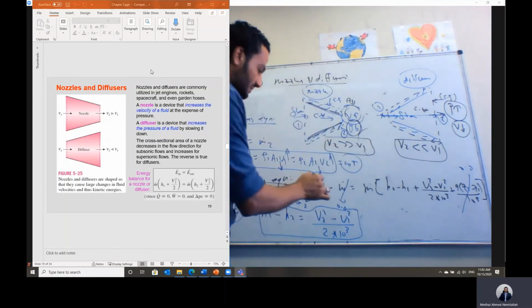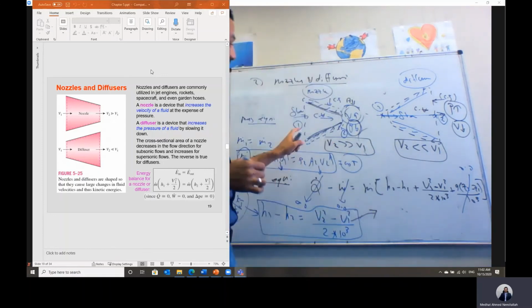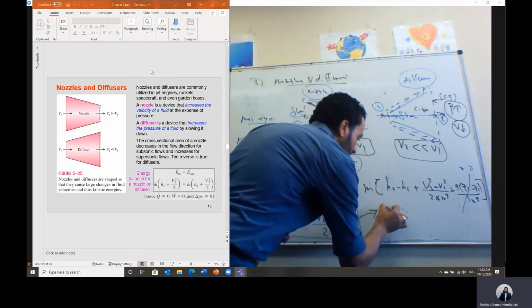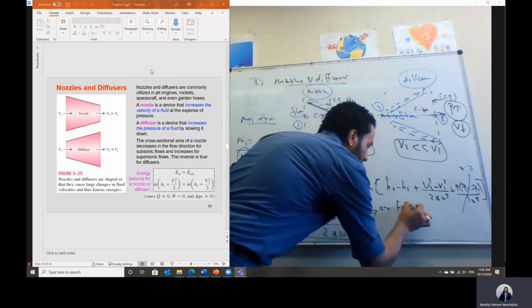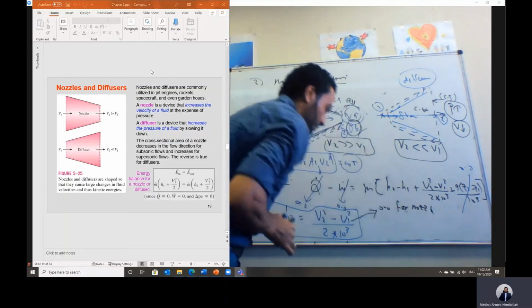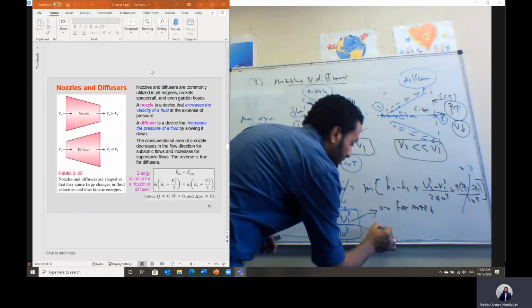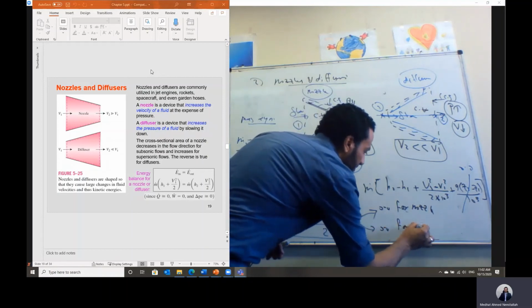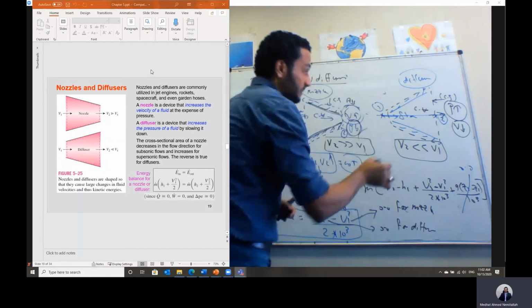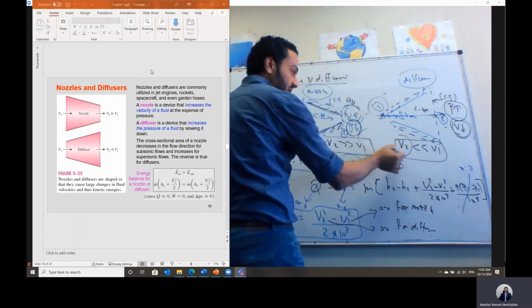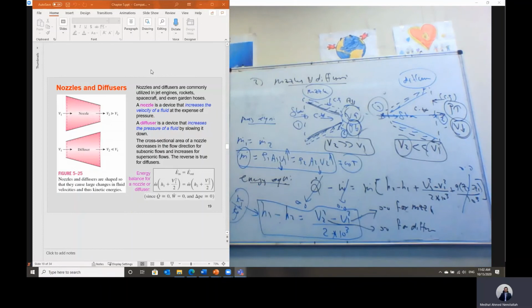So V1 can be neglected as compared to V2 in the case of a nozzle, so this term can be 0. And for the diffuser, V2 can be neglected as compared to V1.